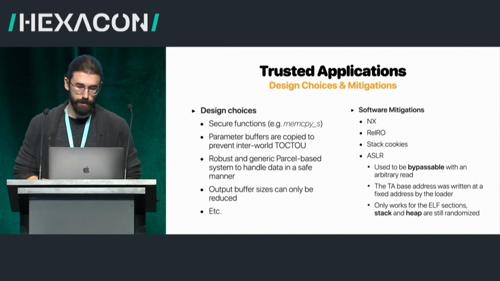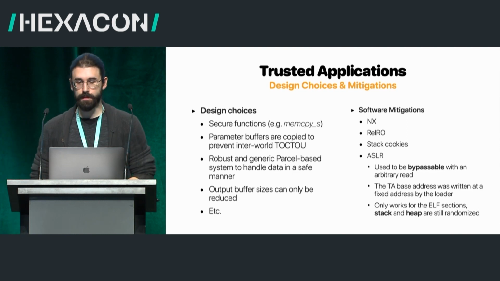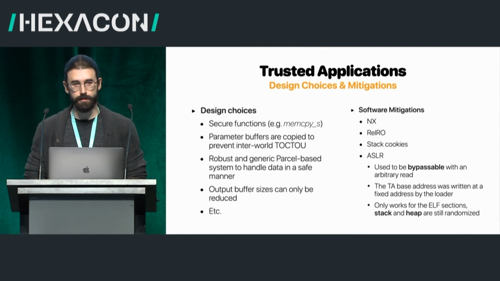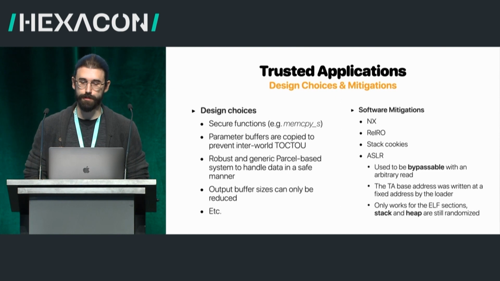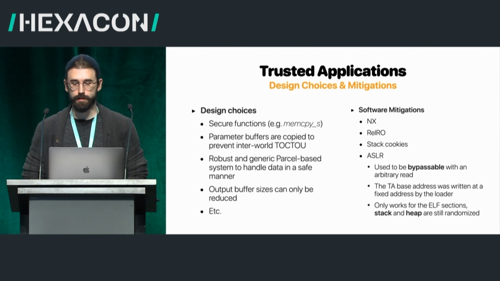In their implementations, Huawei made different design choices, some very common but necessary, and others a bit more unique and interesting. For example, they use secure functions almost everywhere. This might seem like a small thing, but in practice, you don't see them that often. And from an attacker's point of view, they actually burn a lot of potential bugs.